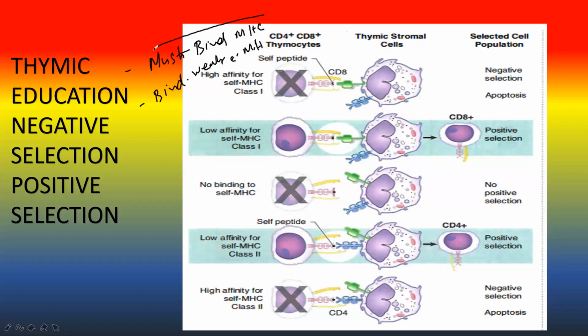If you fulfill this criterion, it is the criterion for positive selection. If you complete this criterion, you will be selected for immunity. Understand? You will be selected for immunity. You must bind, and bind weakly with low affinity.